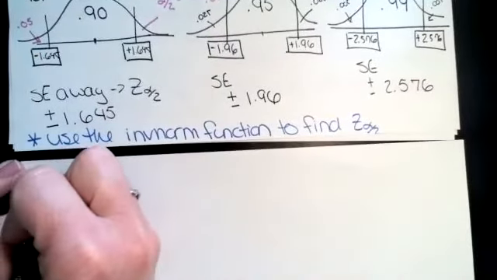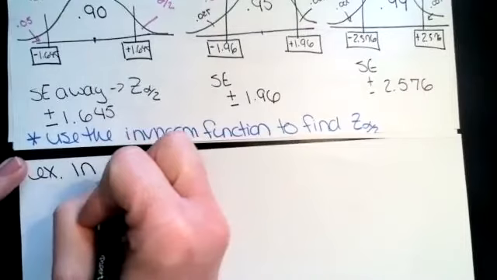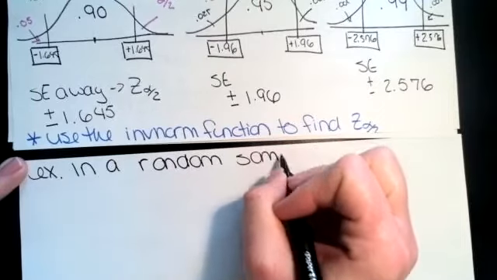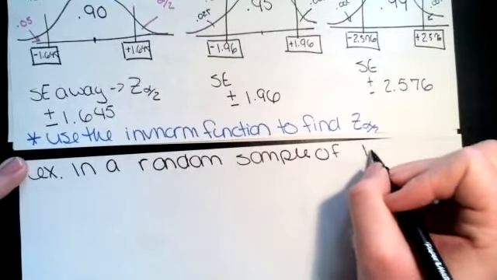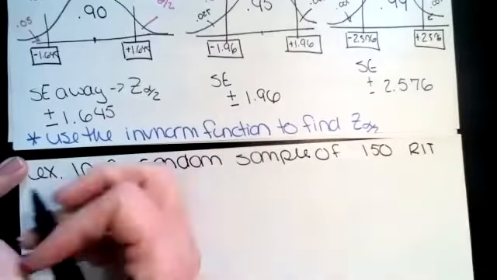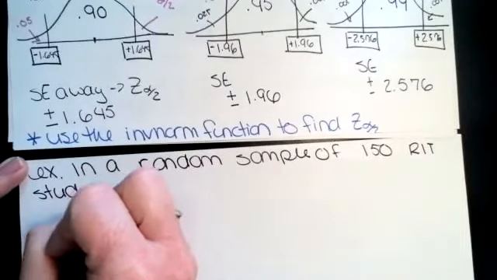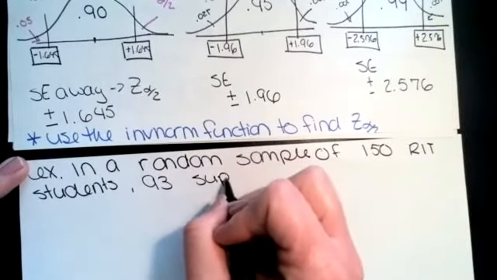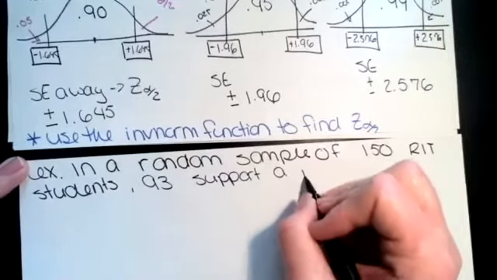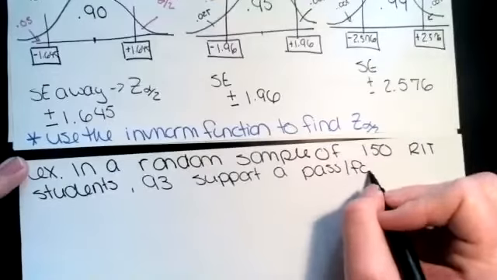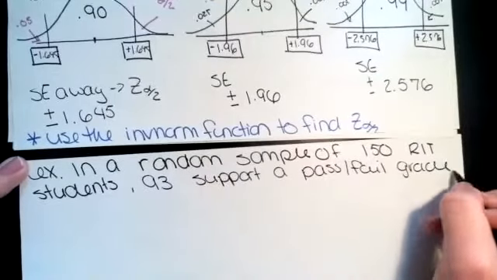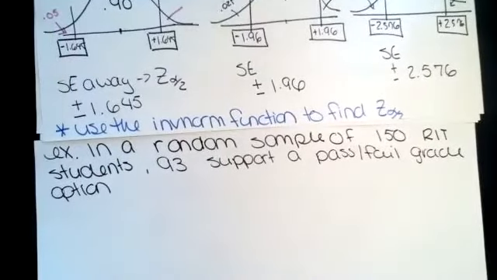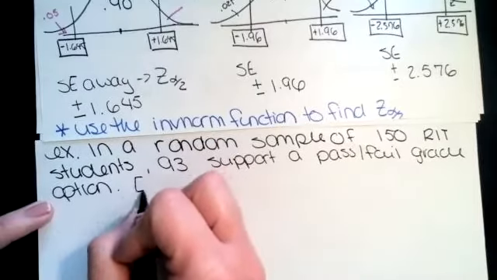So for this example, I have, in a random sample of 150 RIT students, 93 support a pass-fail grade option. We want to estimate, right?